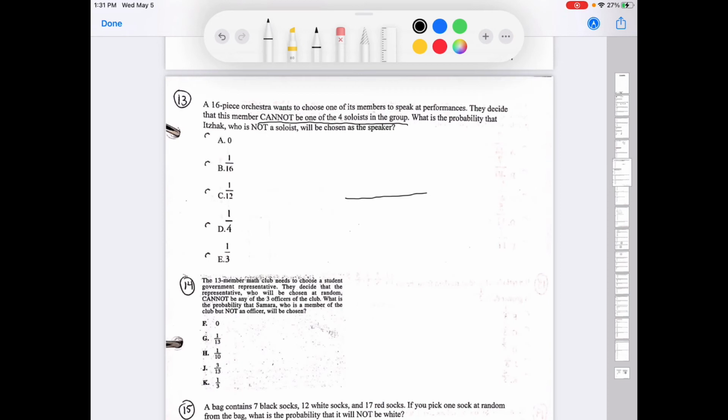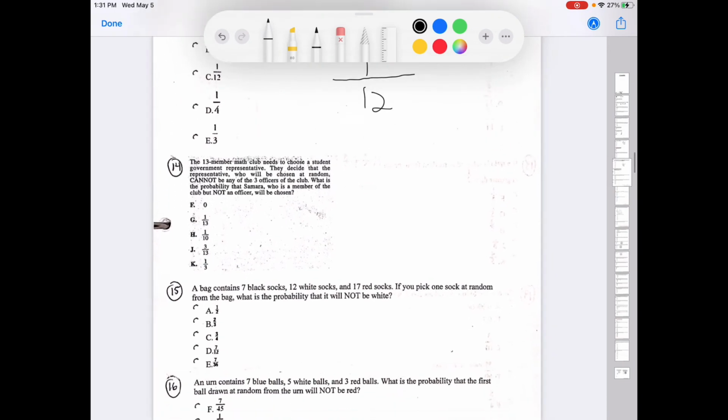Okay, so they are not choosing from a list of 16. They're choosing from a group of 12 because they said that 4 of those 16 cannot be picked. So they're picking from 12 people. What's the probability that Itzhak is picked? Well, he's only 1, so 1/12.